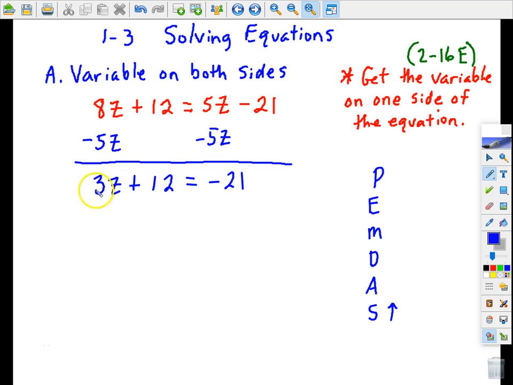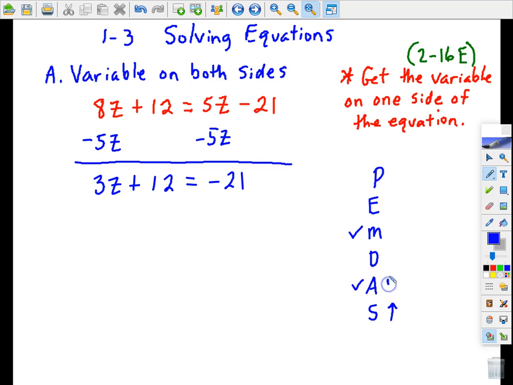So for example, in this case, we're down to two operations being performed on z. One of them is addition, and the other one is multiplication. Well, according to our process, I'm going to undo these using inverse operations in reverse PEMDAS order.